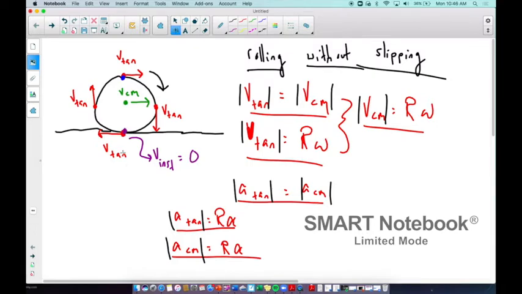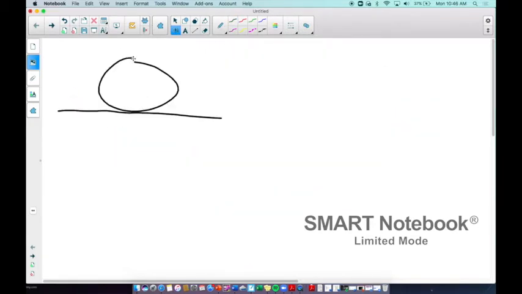So what I want to do now is analyze this thing in terms of the forces that are acting on it. So again, this is rolling without slipping. Okay, so when my wheel is rolling without slipping, everything we just said is true, and I want you to think about this. Let's say that as it spins, it does have an alpha.